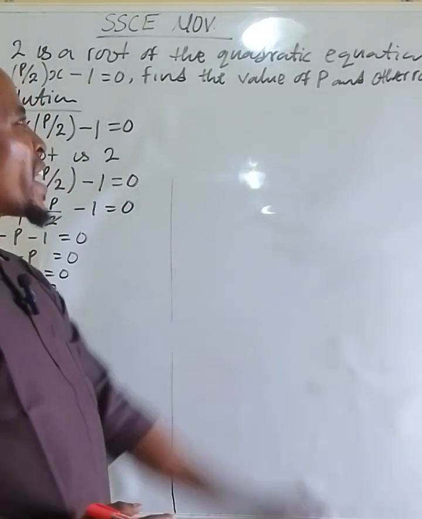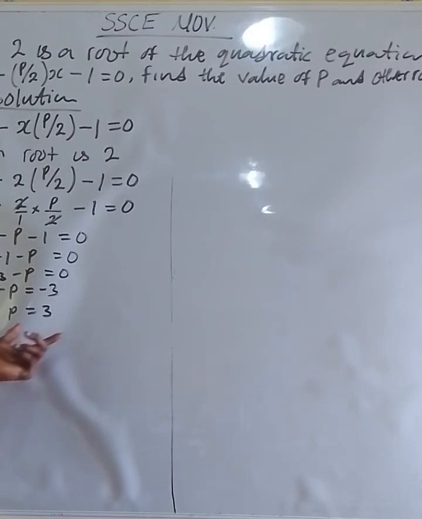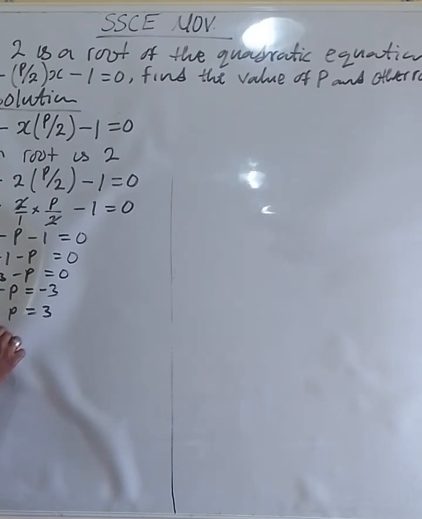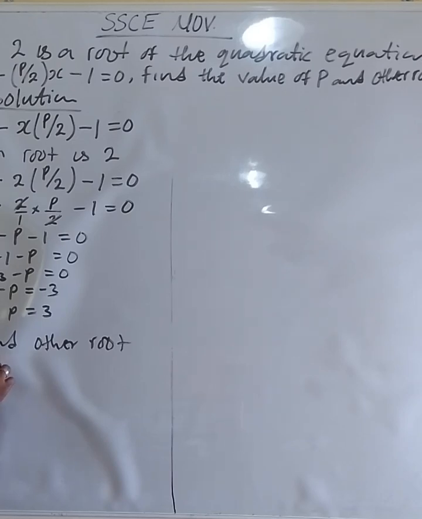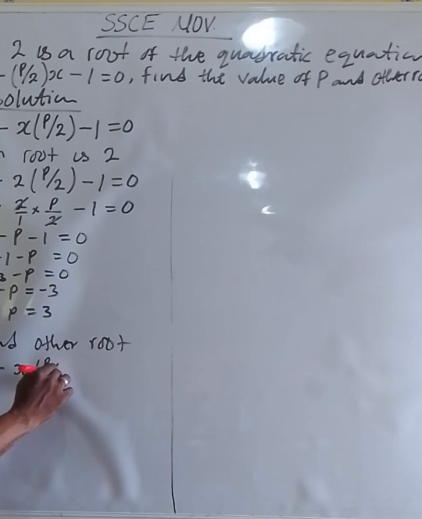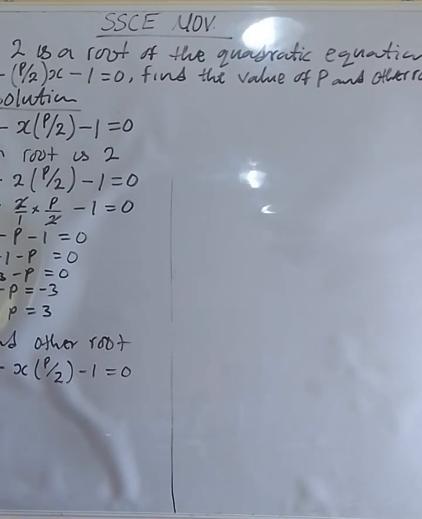Then the next thing we are going to find is the other root. So for us to get our other root, when p is 3, we go back to the equation. So to find the other root, we have the equation x squared minus x into p over 2 minus 1, everything equals 0.